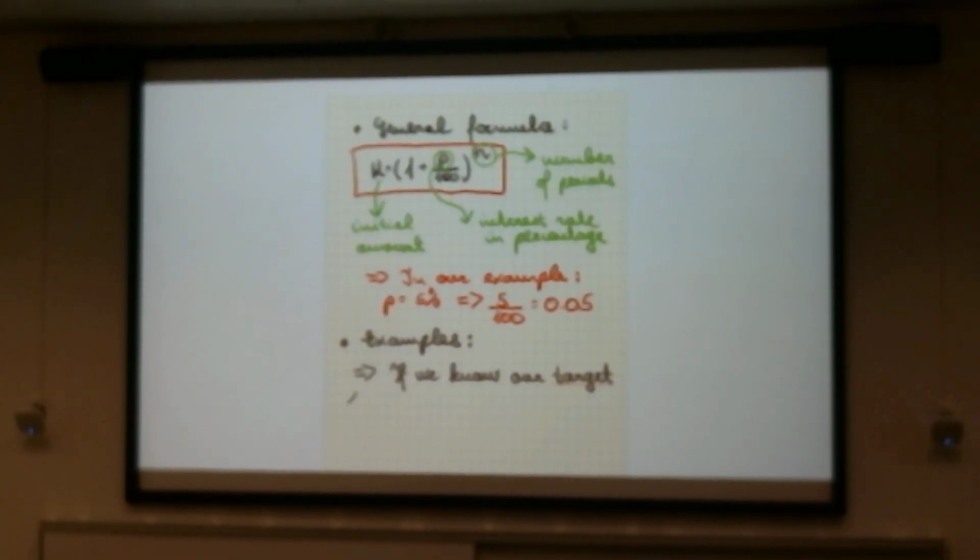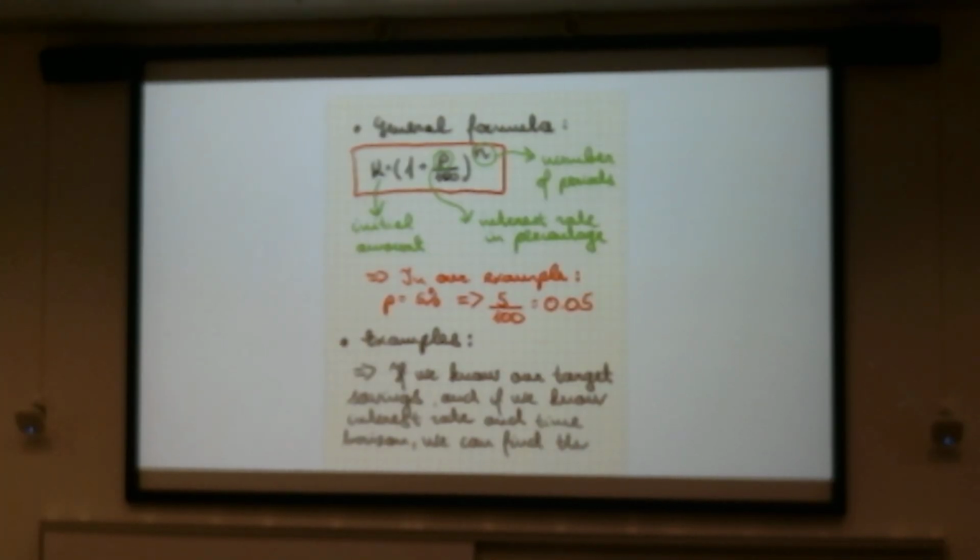If we know our target savings, and if we know the interest rate, and time horizon, so in other words, N, so if we know this, we can find the initial amount.